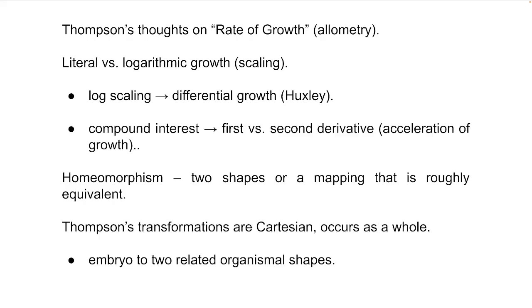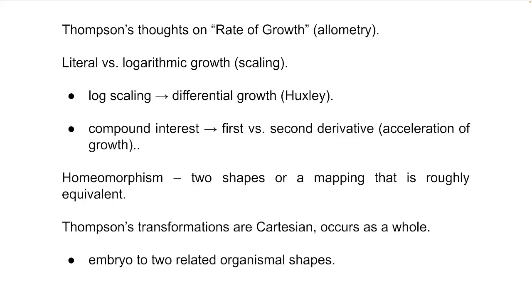If you compare two shapes, you can see this homeomorphic map where there's an organism that is basically the same underneath. It's just described by two sets of forces acting upon them. So the forces provide this homeomorphic map where everything is roughly equivalent between the two organisms, and the only thing that's different is how forces act upon them, and so you can describe that difference.